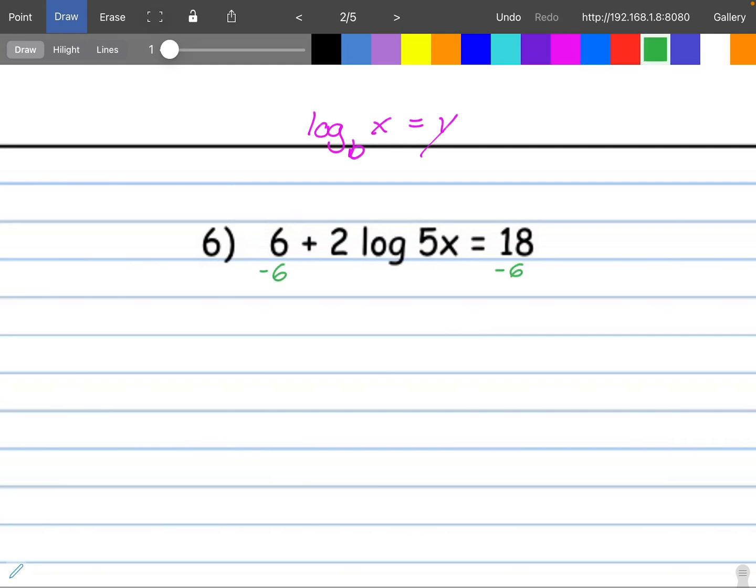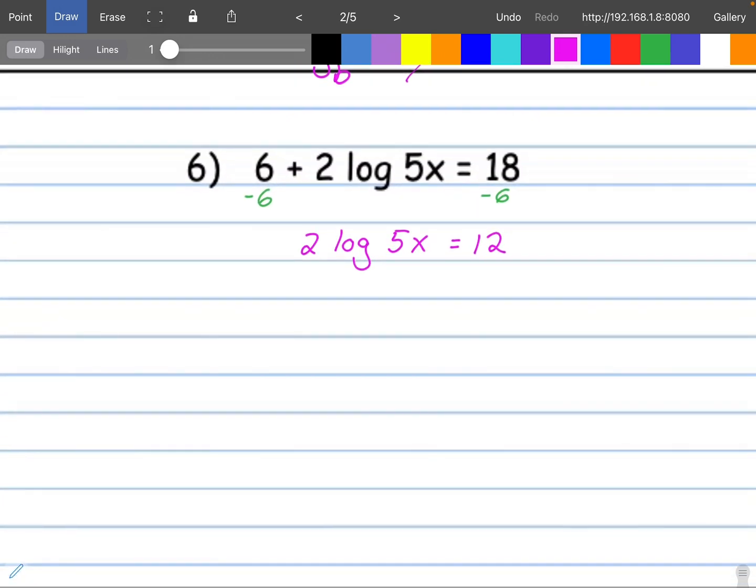So I want to subtract the 6 first, which is going to give me 2 times the log of 5x, and we know because there's no base written that it's an understood base 10, and then it's going to equal 18 minus 6, which is 12.